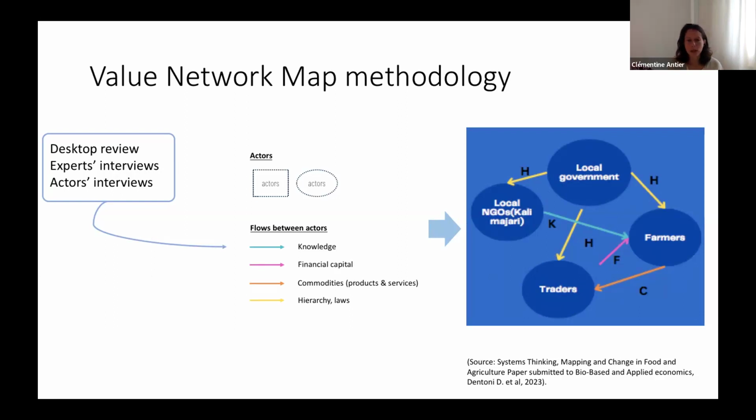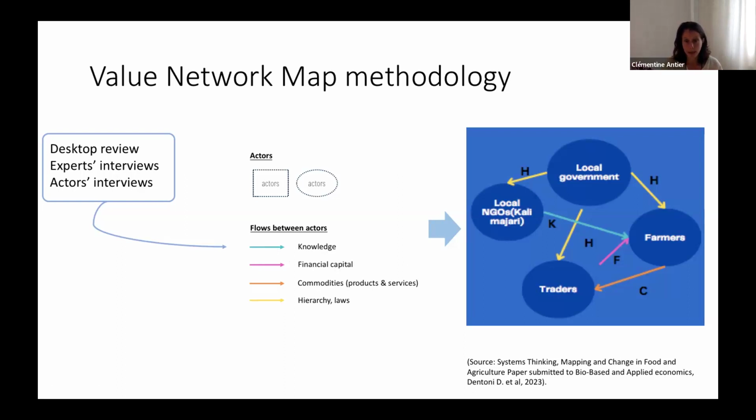So in the methodology that we used, there are 4 types of flows. So there are knowledge flows, financial capital flows, commodities flows, and hierarchy and laws flows.